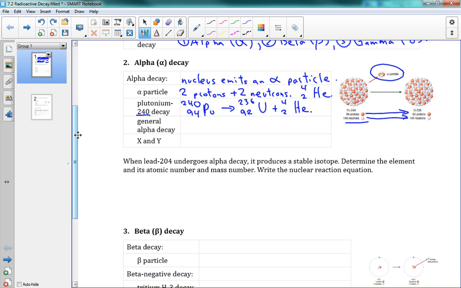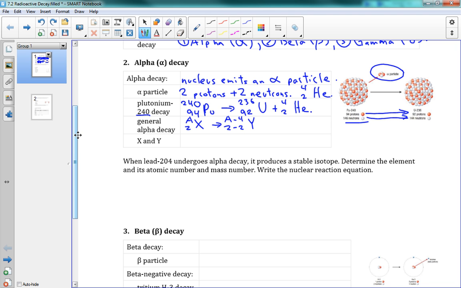Now we have a general pattern for that. When something undergoes alpha decay, if it has an atomic number of Z and a mass number of A, and we'll call it X, so X with Z and A, like our plutonium there, it converts into, at the bottom here, Z minus 2 and A minus 4.